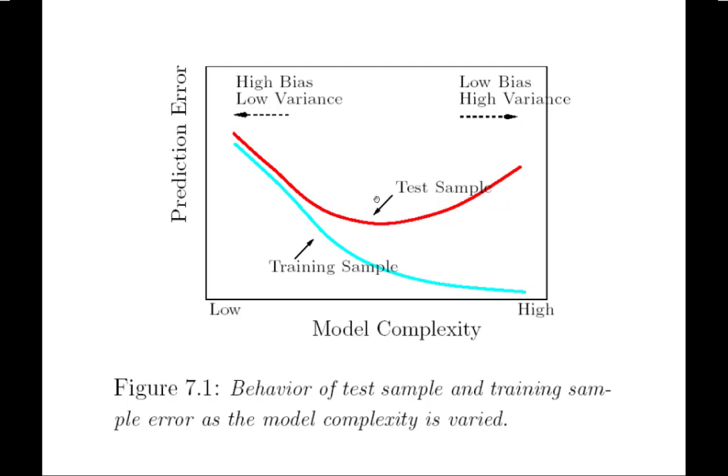So this is the model maybe you want to choose, where you have the best test data performance, and this is some measure of complexity, and it can be training time if you do early stopping, or can be related to the regularization parameter. So here you have low regularization, here you have high regularization.